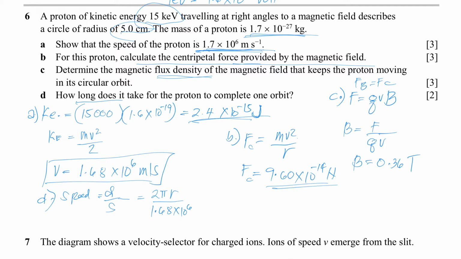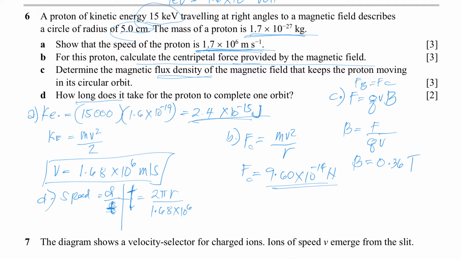This is distance over time, and your time is distance over speed. So this is now time. The radius is given.